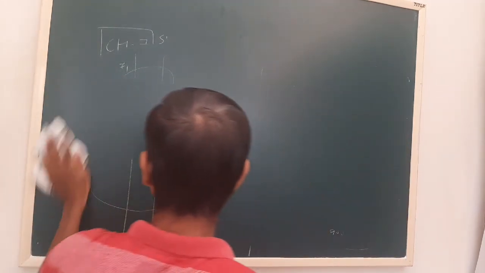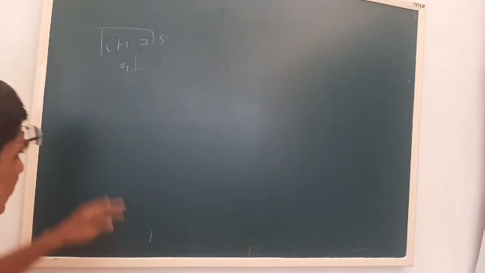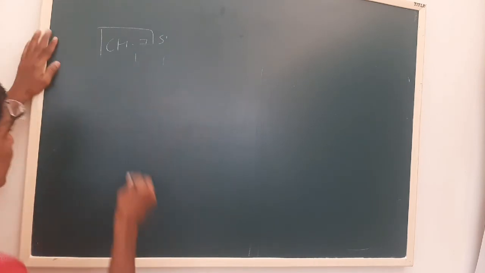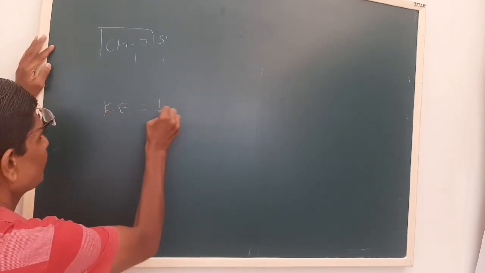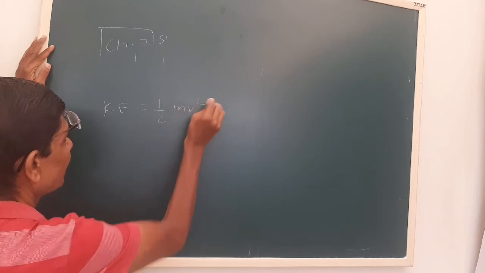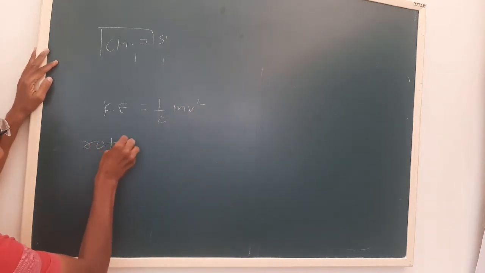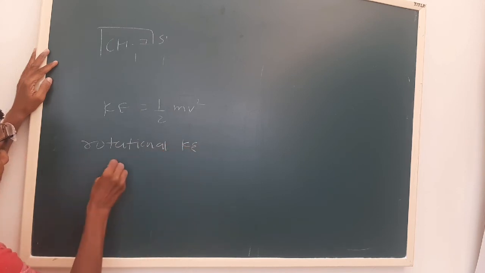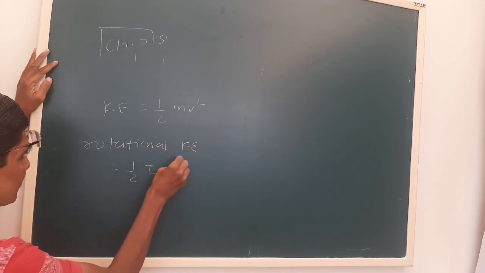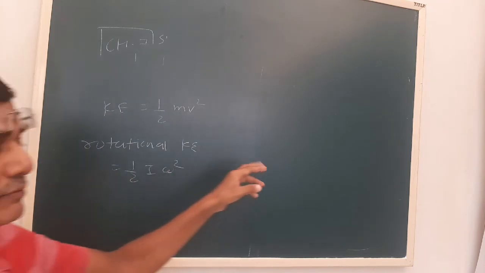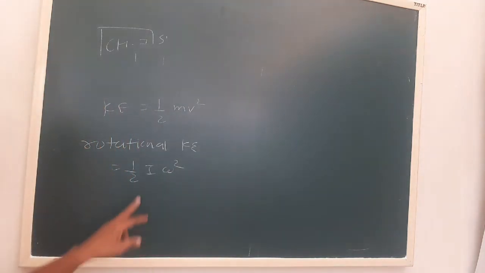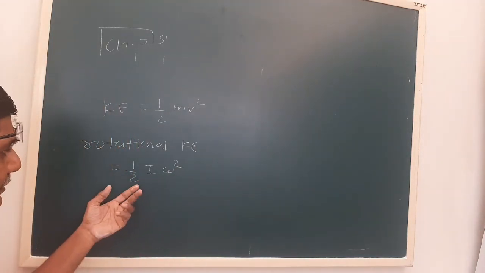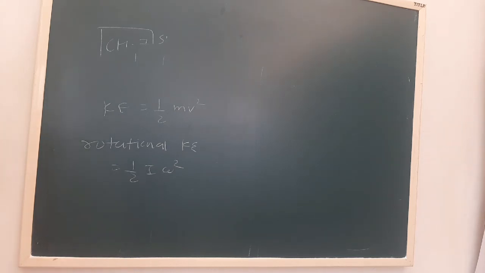Now see, in linear motion we studied kinetic energy as 1/2 mv square. Similarly, the rotational kinetic energy is 1/2 I omega square. The sum m1 r1 square plus m2 r2 square plus m_n r_n square we called capital I. So our equation has become: the rotational kinetic energy is 1/2 I omega square.